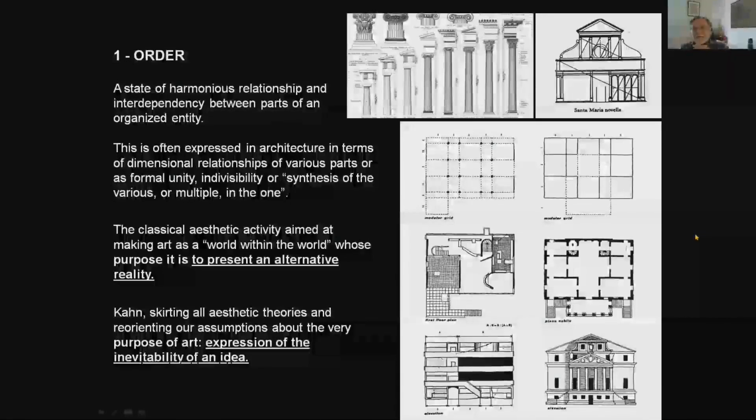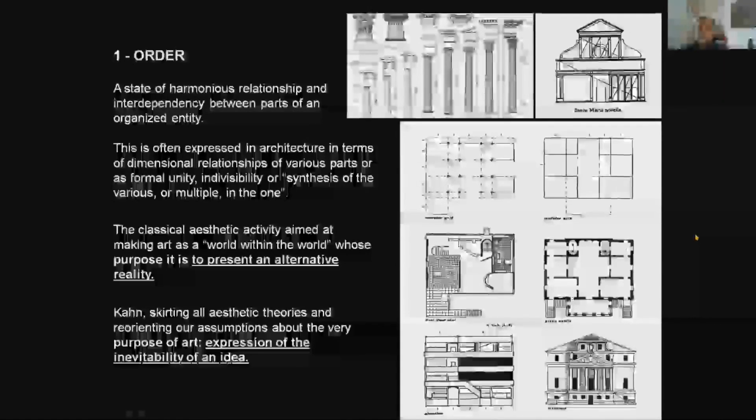So it is that kind of inevitability about the dimension and the order that makes the man-made world a kind of an alternative reality in the midst of this large natural world. Its objective is to represent an alternative reality.